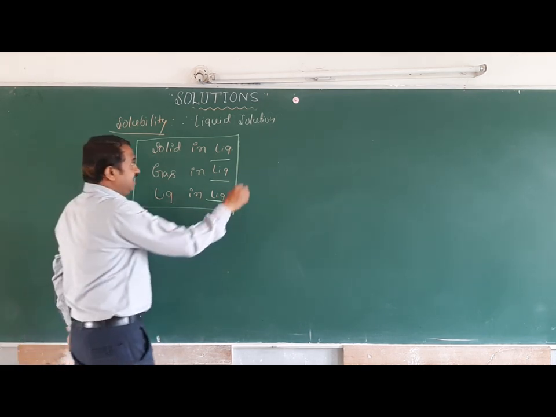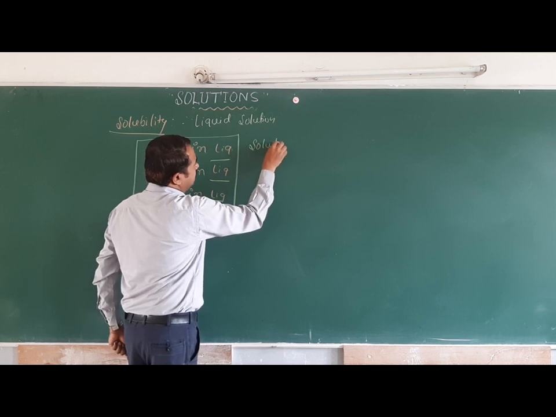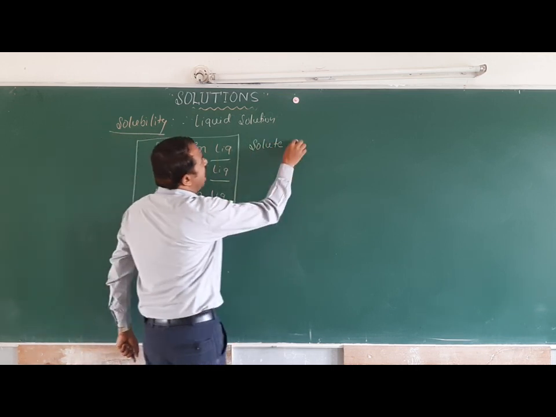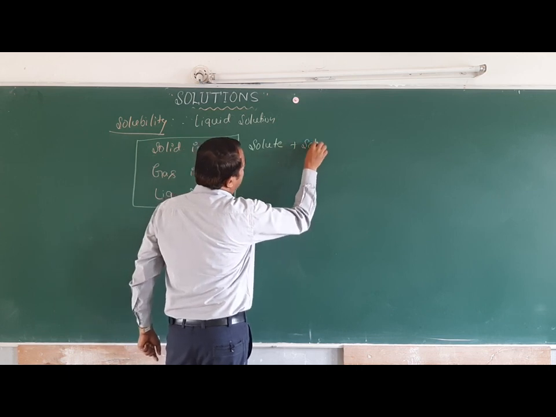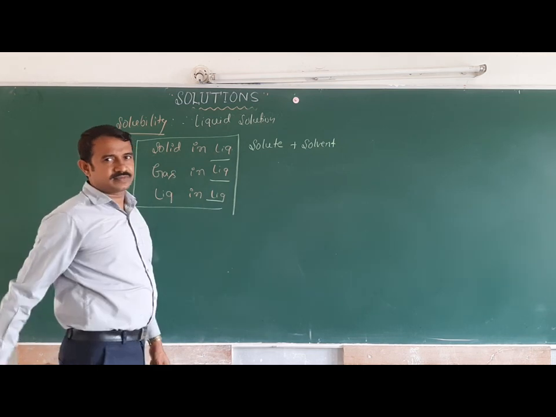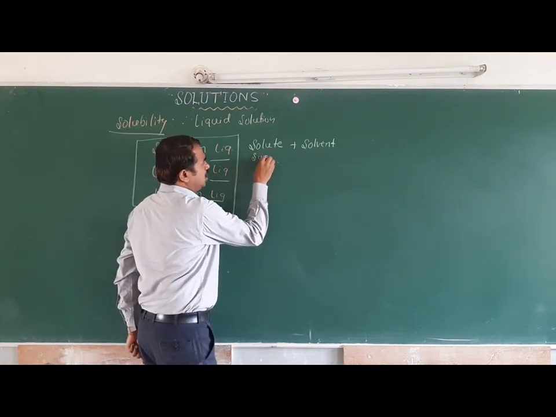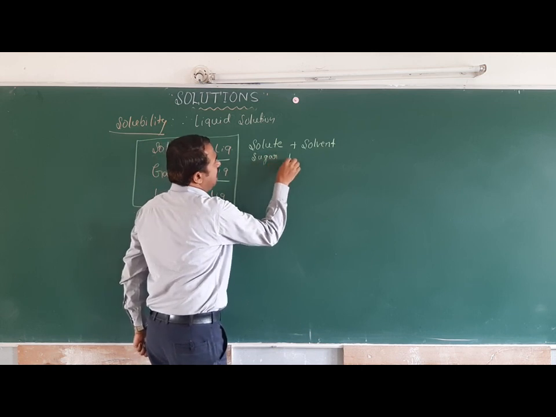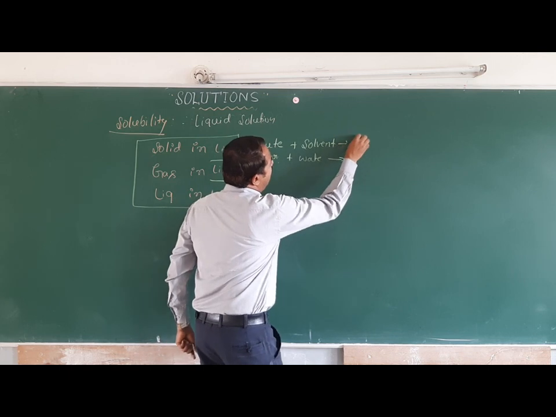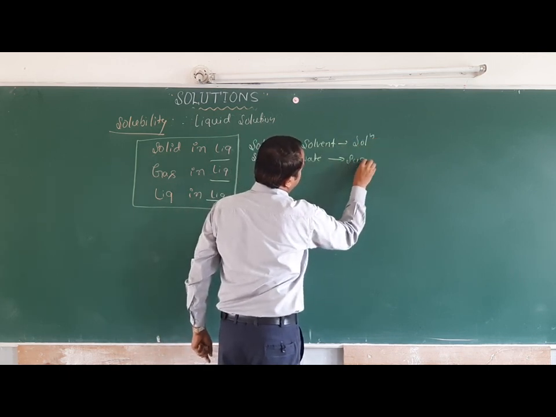When the solute is a solid and the solvent is a liquid, we have already discussed this in the previous chapter. Here sugar is a solid and water is a liquid, forming a solution, or sugar solution.